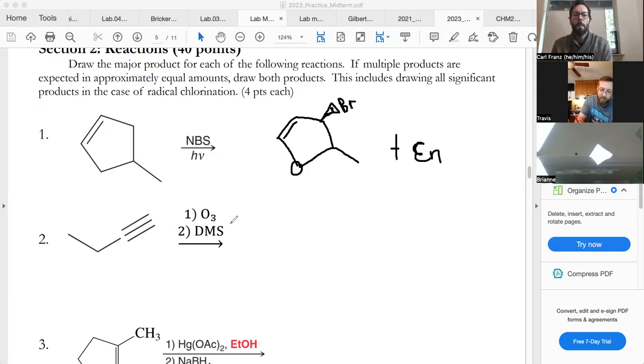And so, again, we're going to essentially break those double bonds, and we're going to end up with carboxylic acid.